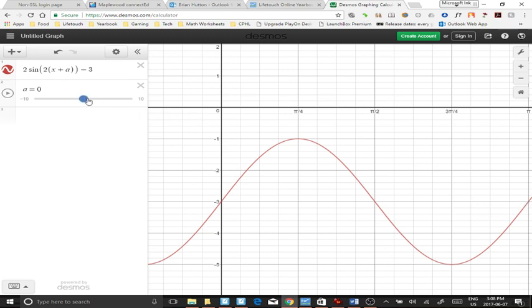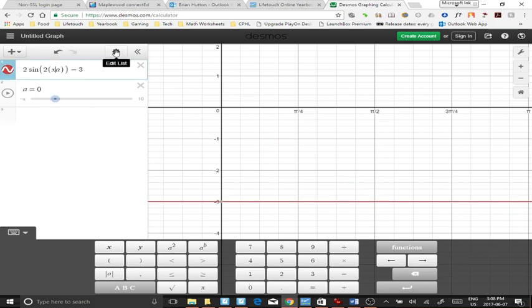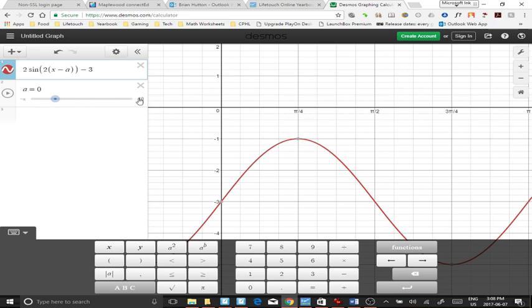But what we have to do here is we have to go pi over 2. So what I'm going to do is I'm going to go pi, and I'm going to go pi over 4.